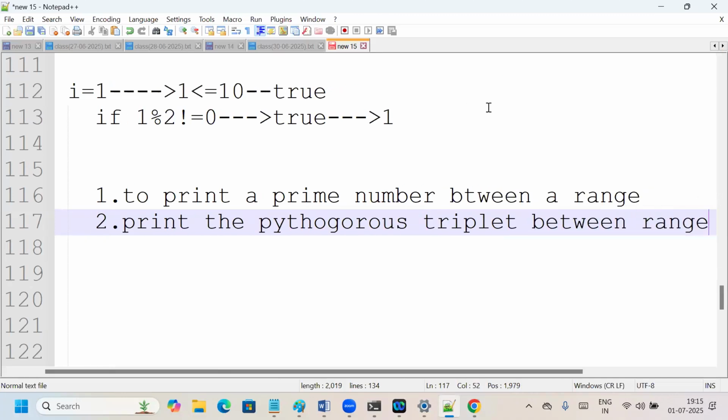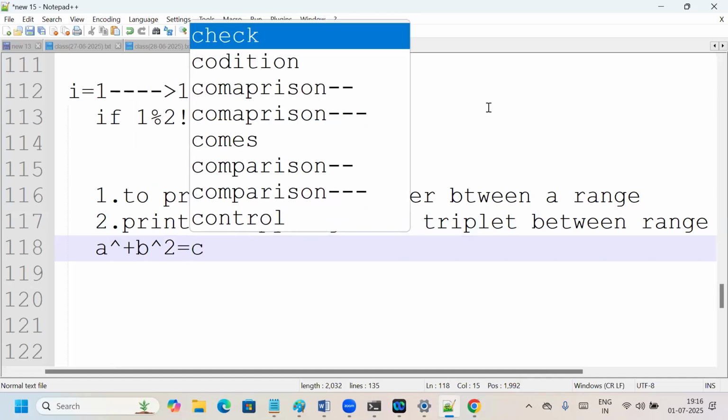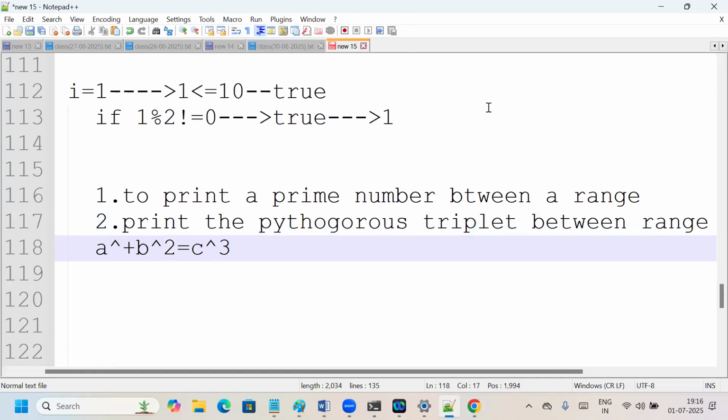What is the meaning of Pythagoras triplet, guys? जहां पे आपको फर्स्ट नंबर स्क्वायर प्लस सेकंड नंबर स्क्वायर इक्वल्स टू थर्ड नंबर स्क्वायर आएगा. ऐसे आपको 3 पेयर्स प्रिंट करना है, ट्रिपलेट्स इन दी स्पेसिफिक रेंज.